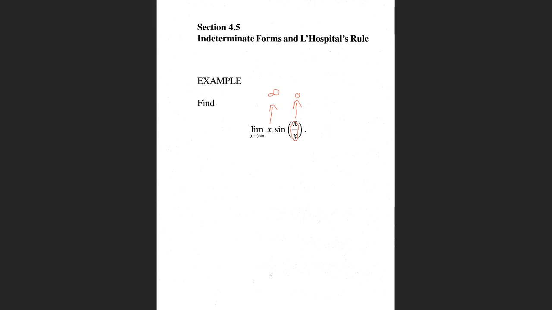So let's see. We have x going to infinity, and the sine of pi over x would go to what? Let me do this a little better.